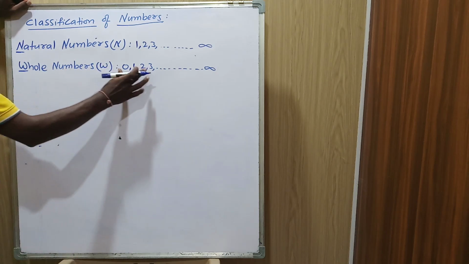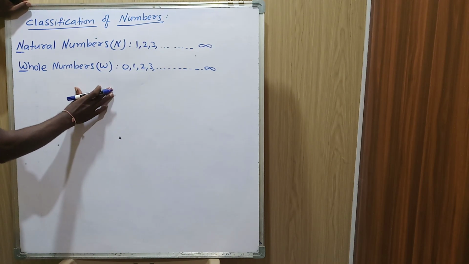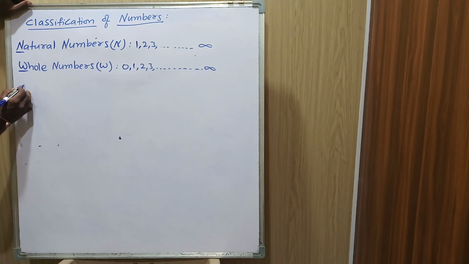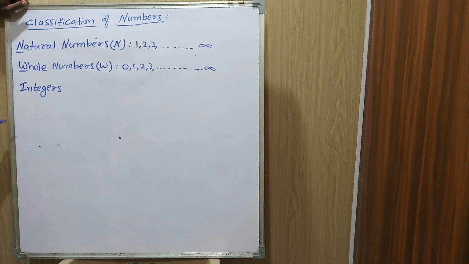Next, for this whole number set, if you include negative numbers also, then that new set of numbers is called integers.